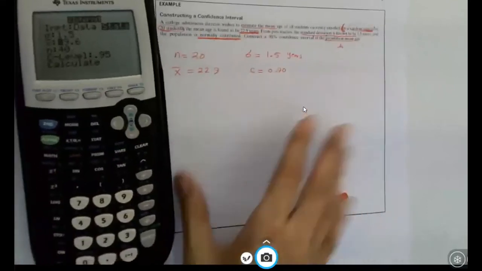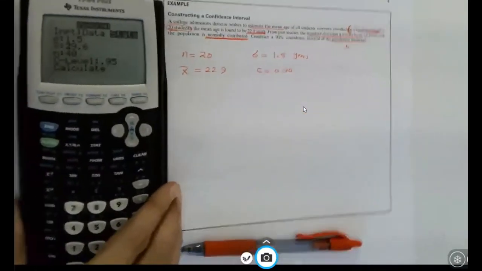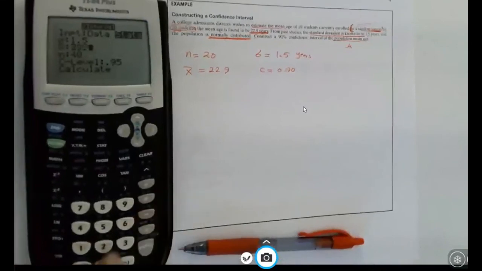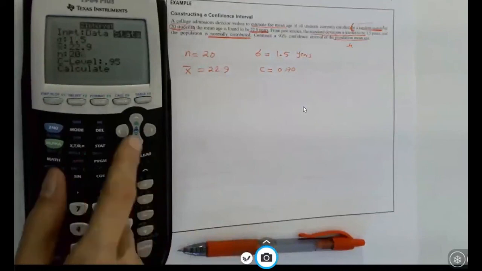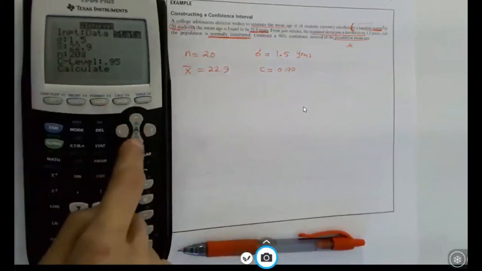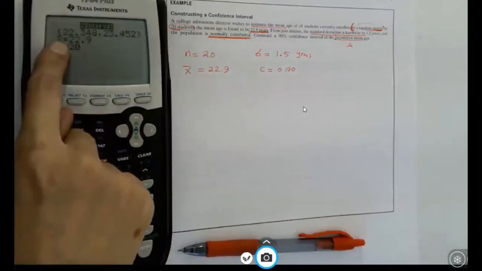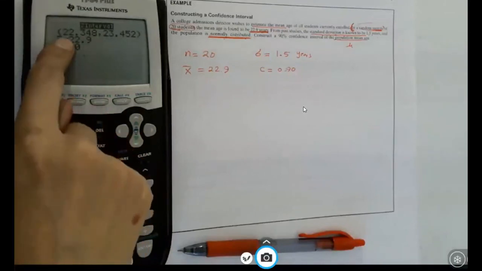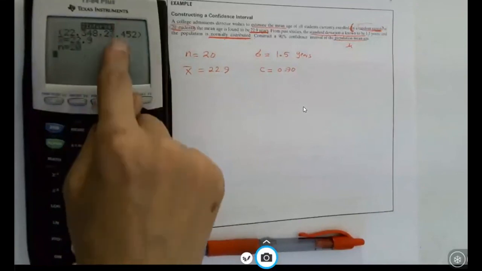X bar is given to us, 22.9. N is equal to 20. We're not worried about that because we know that our population is normally distributed, and the confidence level is 90%. So enter, enter. As you can see, you get 22.3 and 23.5.